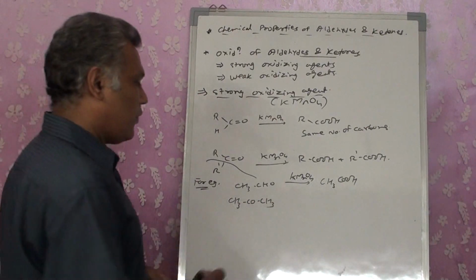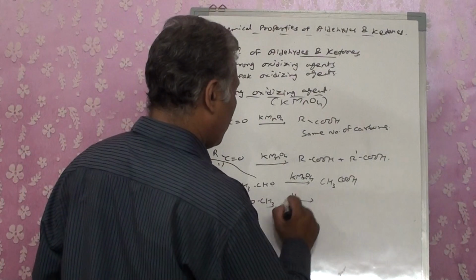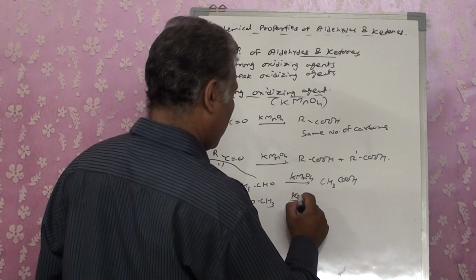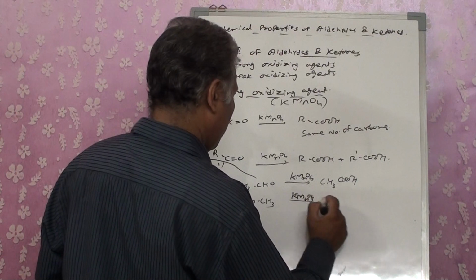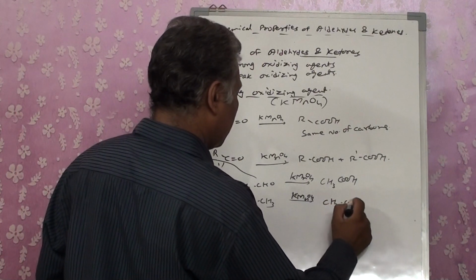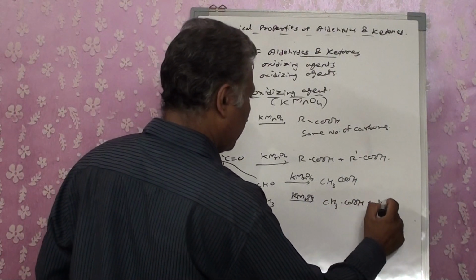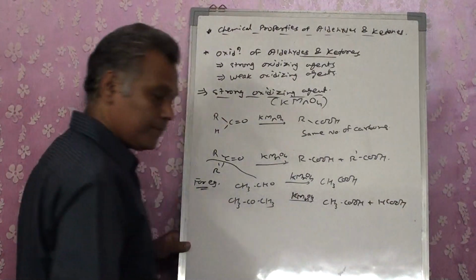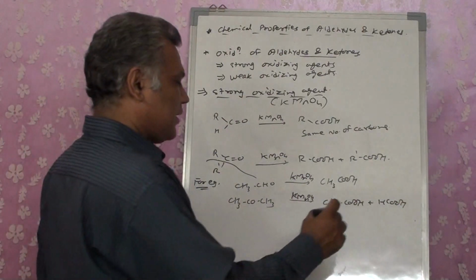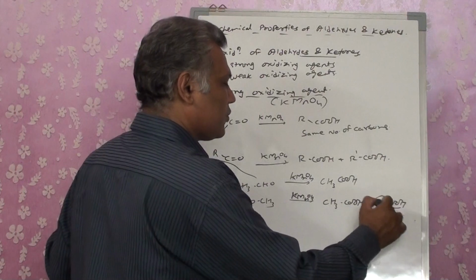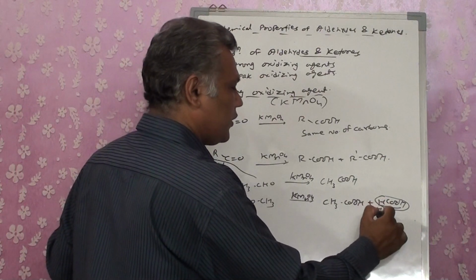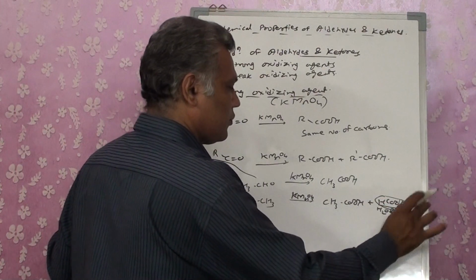When you go for the KMnO4, you are going to get CH3COOH plus HCOOH. Right? This HCOOH generally dissociates itself into H2O and CO2.